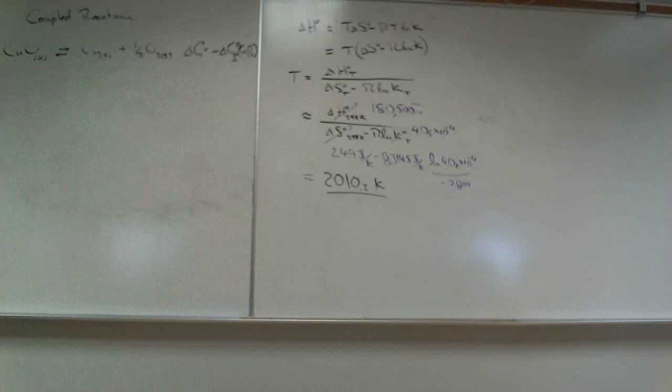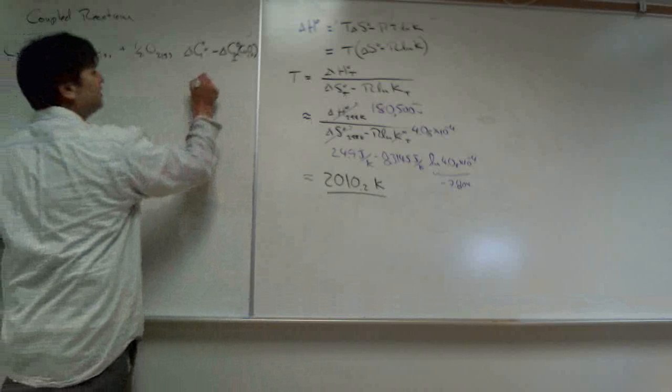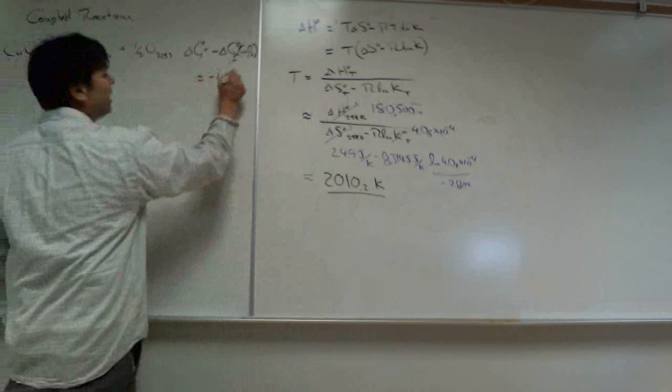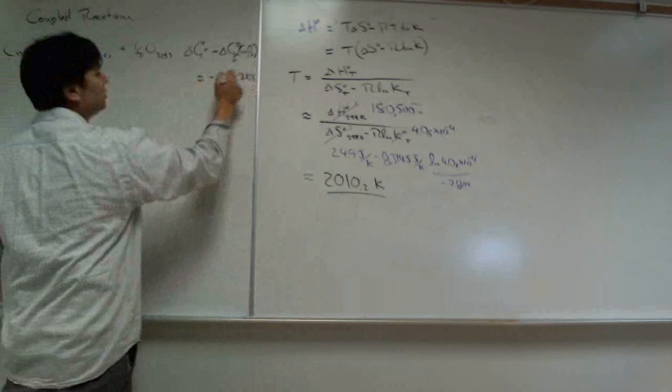And so what is the delta G of formation for CuO? All right, so it's a minus 129.7 kilojoules per mole.